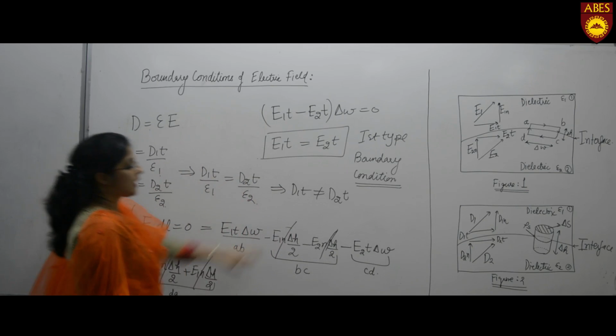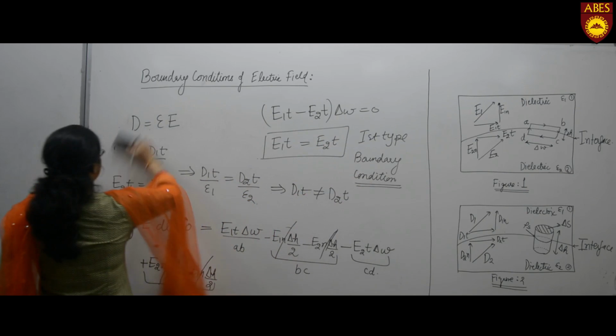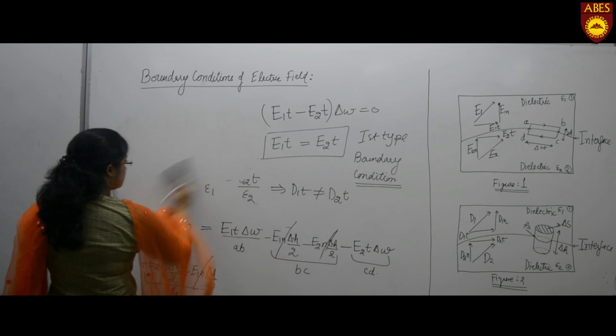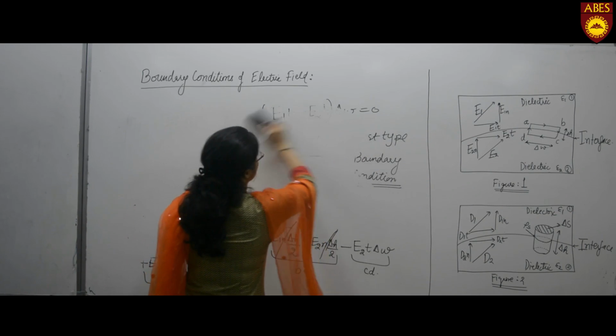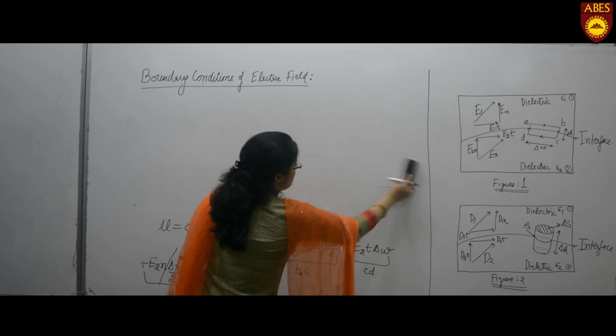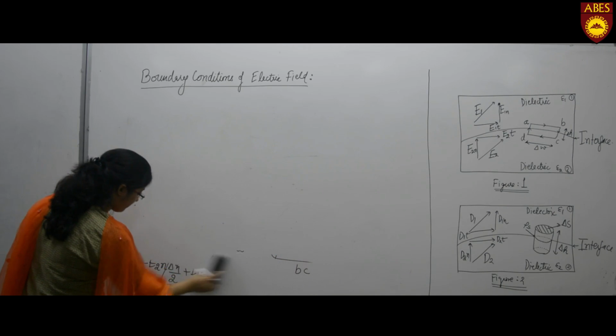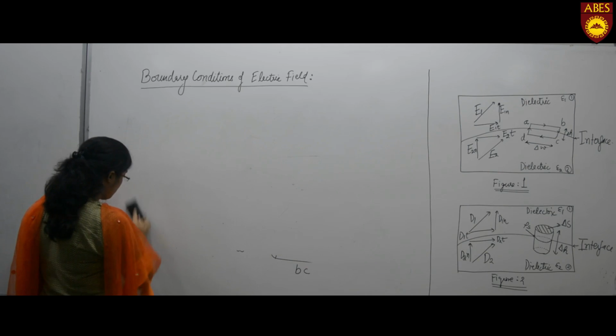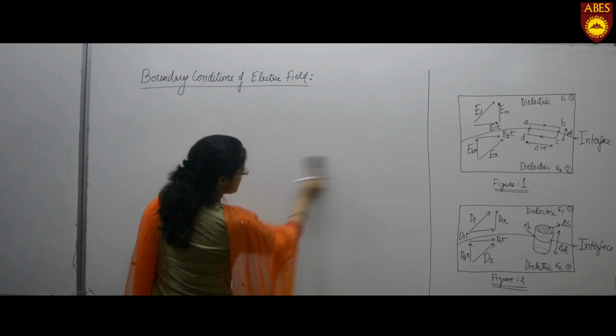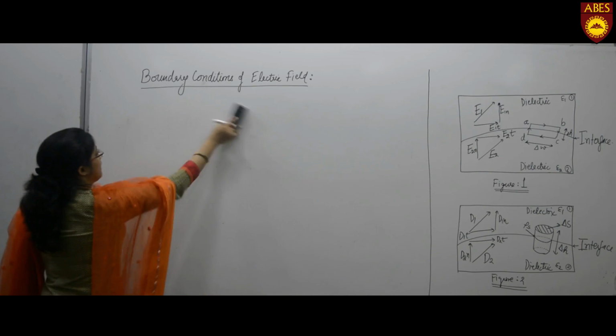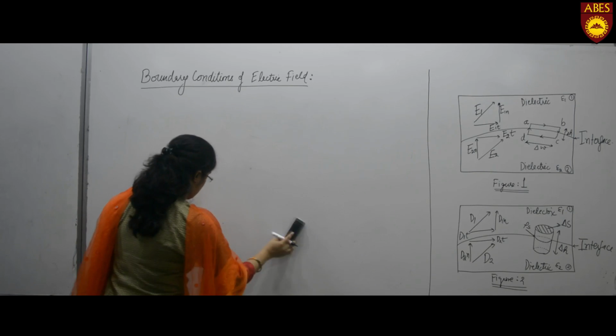Now moving on to the second type of boundary condition. For determining the second type of boundary condition, we refer to figure 2, in which the electric flux density is mentioned in place of electric field intensity.